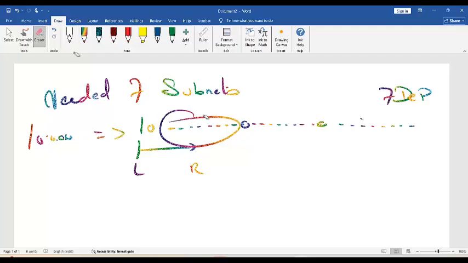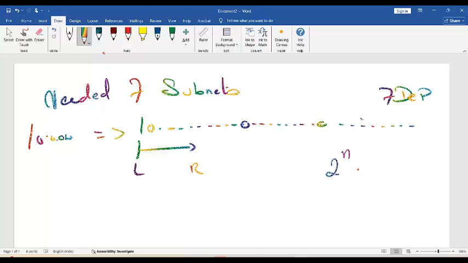I have 7 subnets needed. For that, there is one formula, but it has been revised many times. 2 to the power of n minus 1 will give you the number of subnets.